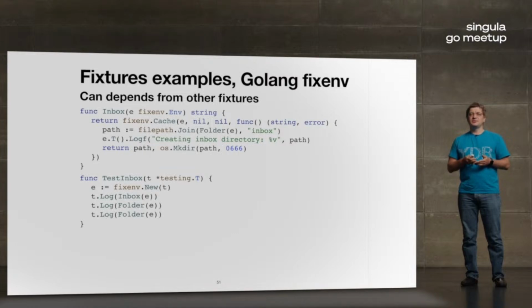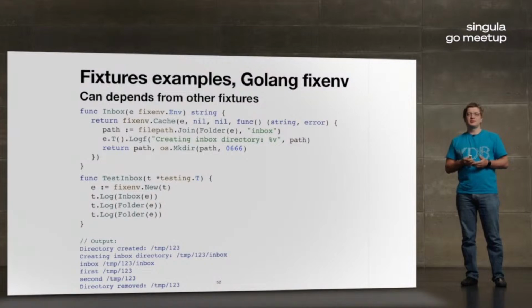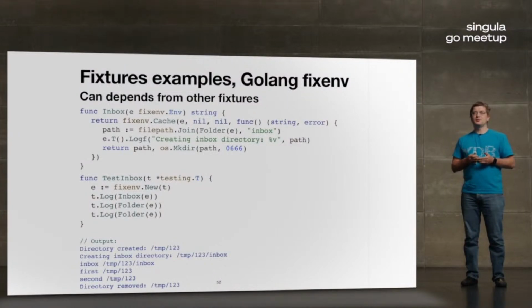After the test finished, the folder will remove the temporary directory. As you can see, the inbox fixture doesn't have cleanup code. It's okay because all cleanup will be done by the folder fixture.